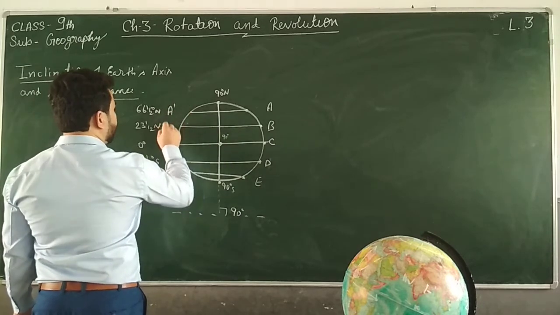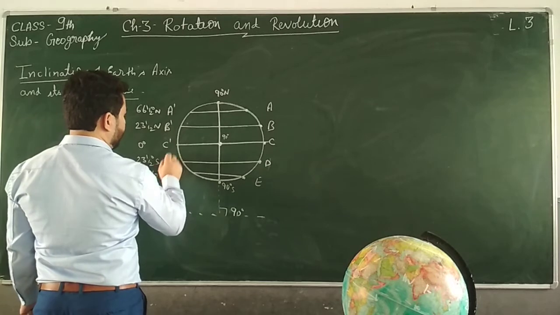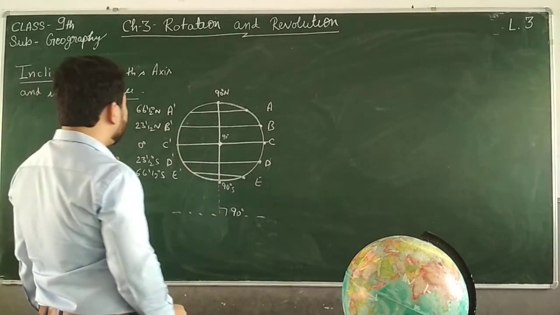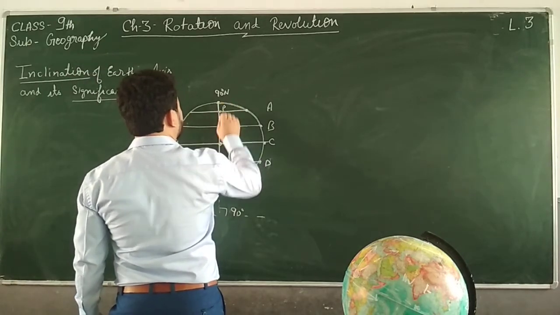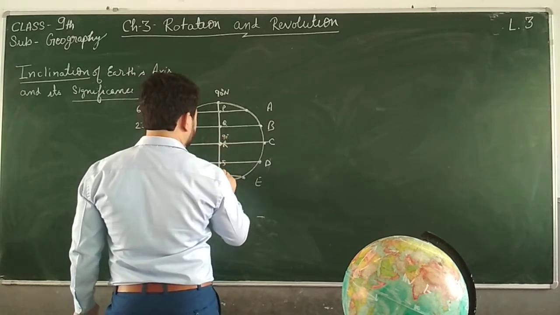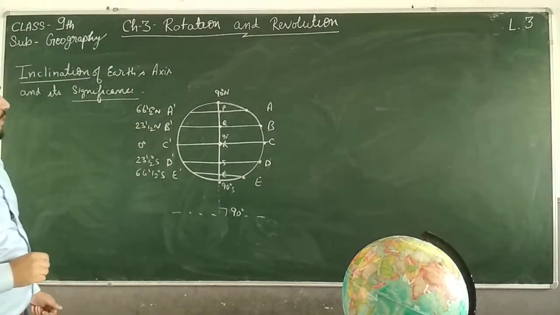So I will take B dash, C dash, D dash, E dash. Clear? Now I'll take these points as P, Q, R, S, T. Clear?